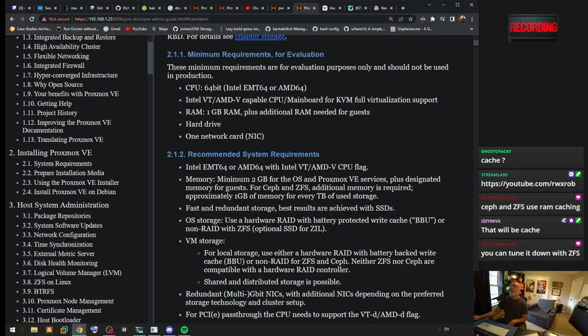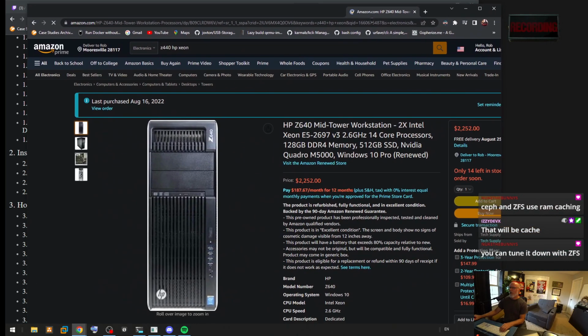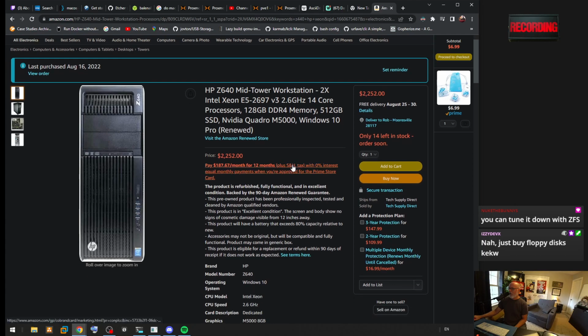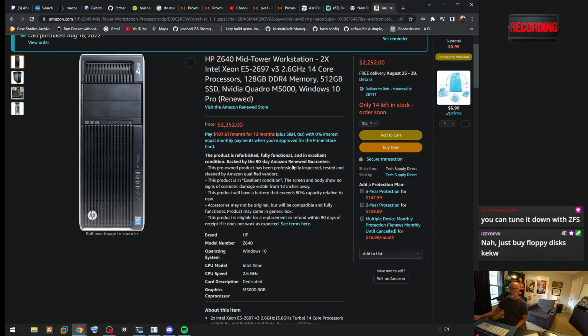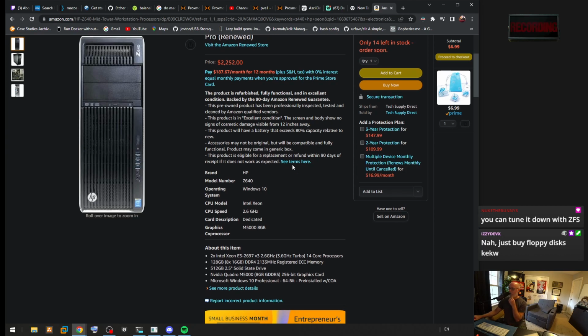I'm checking to see really quickly whether the server I just bought has SSD on it. I don't remember if it does. Let me just look at it real quick. This is the server I bought to do this. In case anybody was wondering, I bought an HP Z640, which I bought used for $2,252 with 14 2.6 gigahertz Intel Xeon cores and 128 gigabytes of ECC DDR4 RAM.